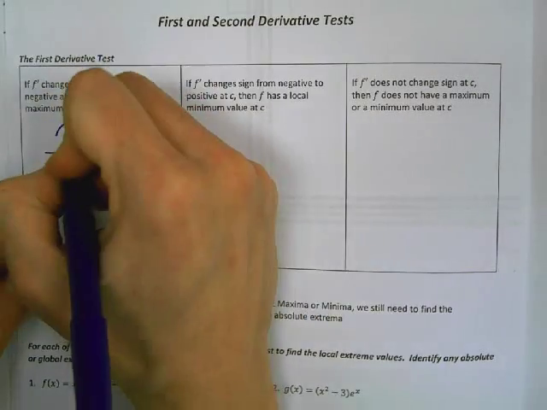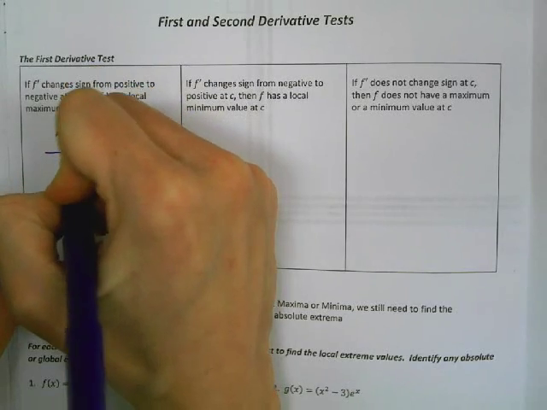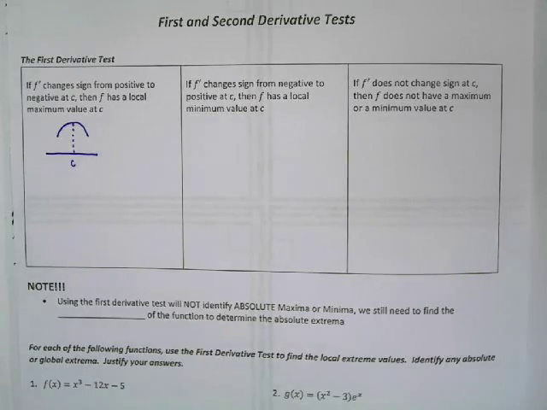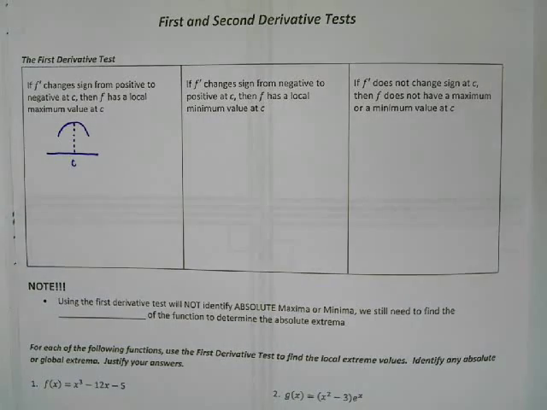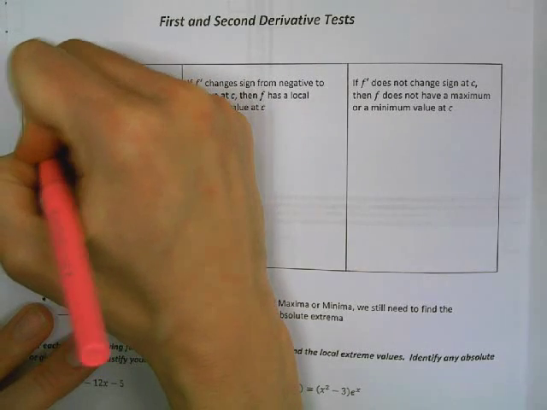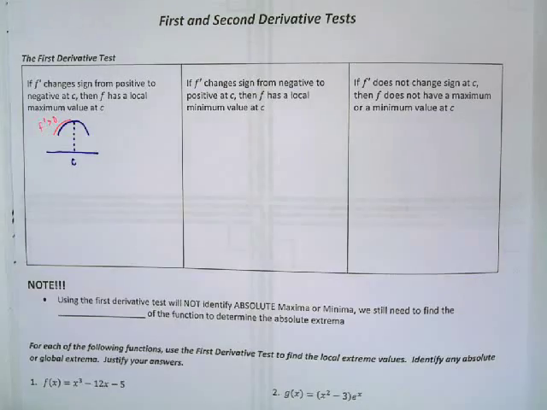So let's say this is my graph of f, and I have a value c here. Let me get some colors. On this part, I know that f prime is greater than 0.